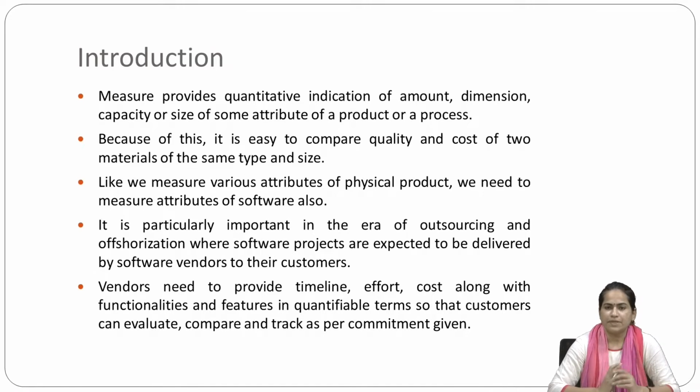In general terms, a quantitative indication of something is considered as a measure for that particular thing. If we have taken amount, then that measurement will be of amount. If we have taken dimension, then that measurement will be of dimension, and so on.